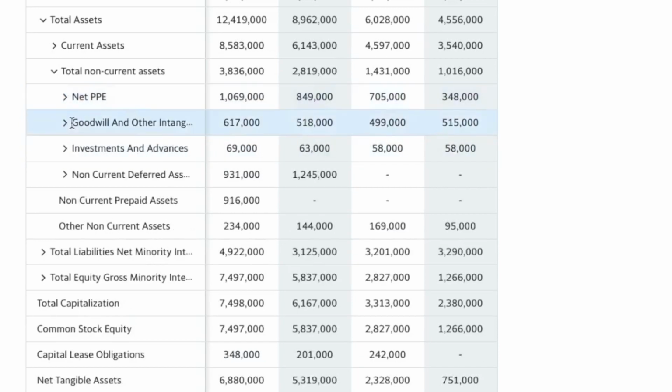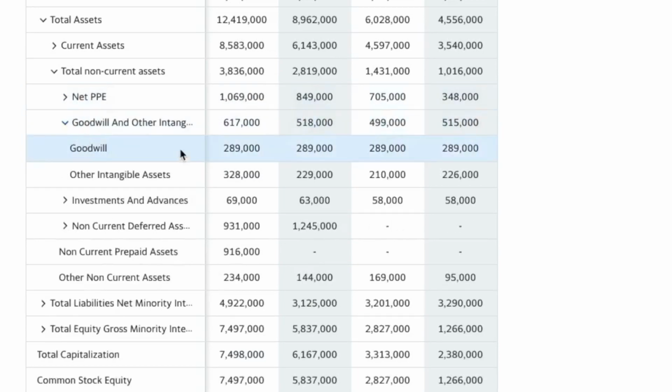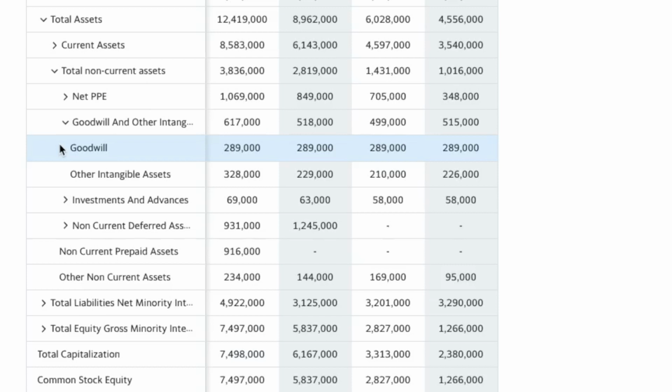And the next is the goodwill and other intangible asset. Goodwill, as Warren Buffett said, is not a real asset. If, for example, somebody is going to take over or buy AMD, they will add a goodwill for this company.